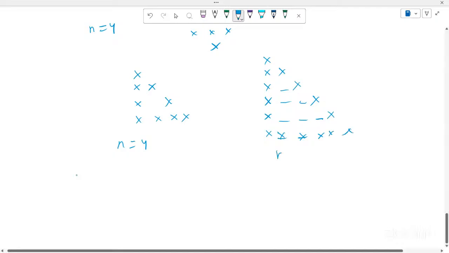This is for n equal to 4, and this is the structure for n equal to 5. These are the white spaces. Okay, let me do it for n equal to 6. This is for n equal to 6.